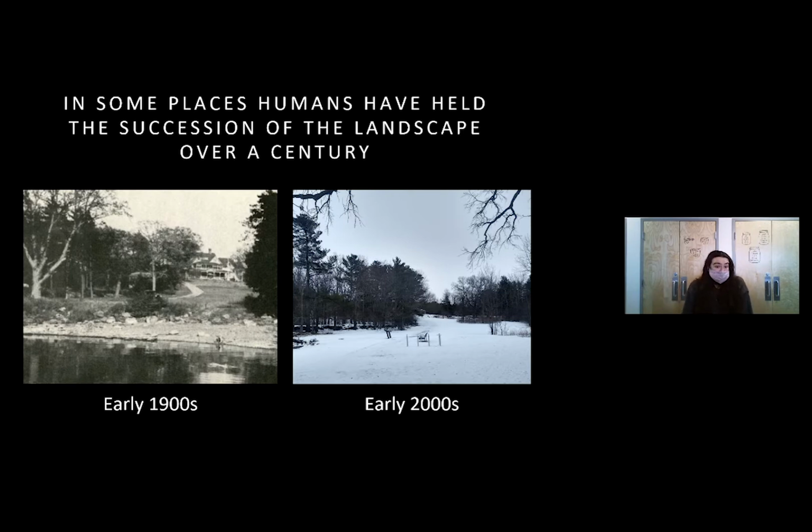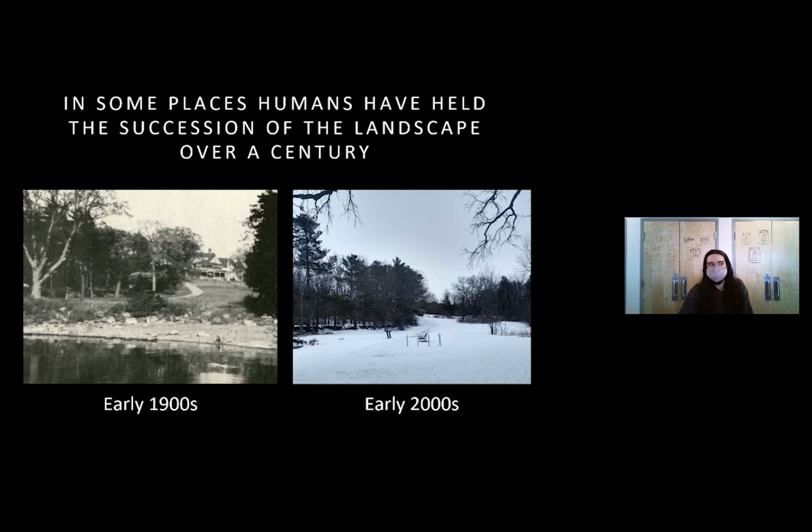But it's an interesting thought, just because it shows the impact that humans have had on the landscape. I'm sure that all of the trees on either side of this grassy area have been dropping their seeds in there, hoping that they'll grow up. And the humans have said, nope, we want this to be an open walkway for humans. So I think that's a clear example of how we humans hold succession and how we take a landscape and just make it our own in a way.